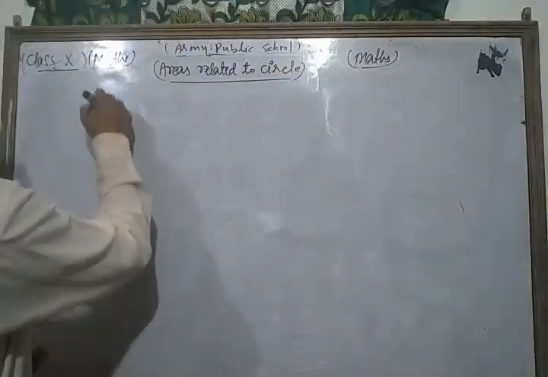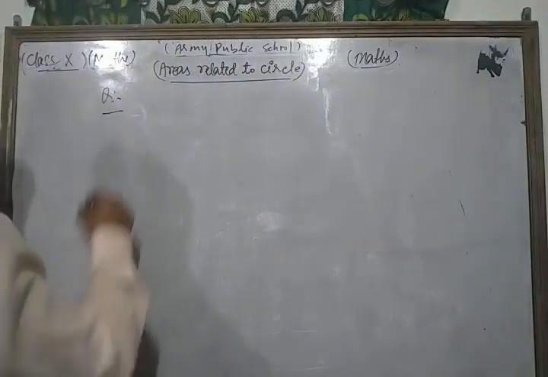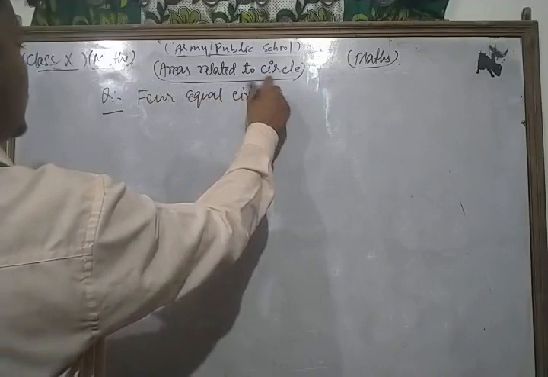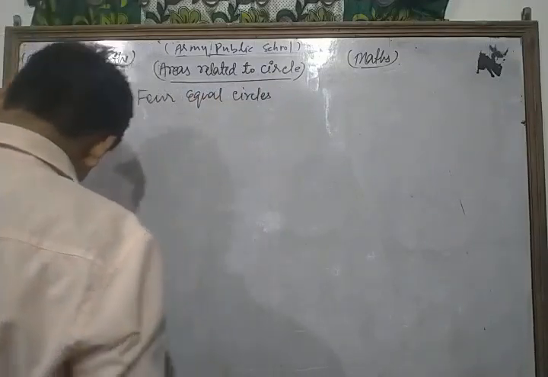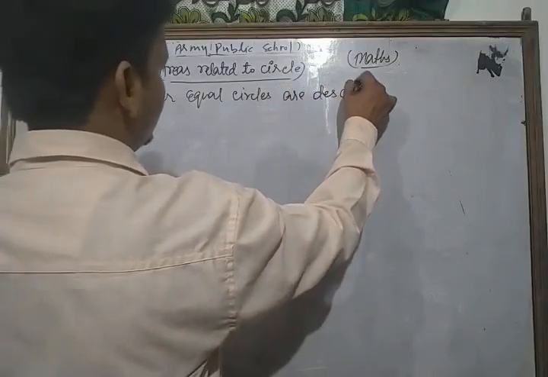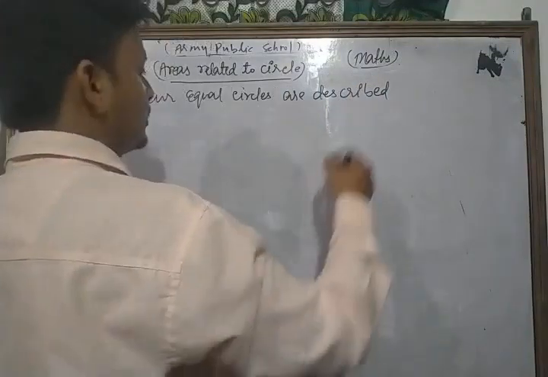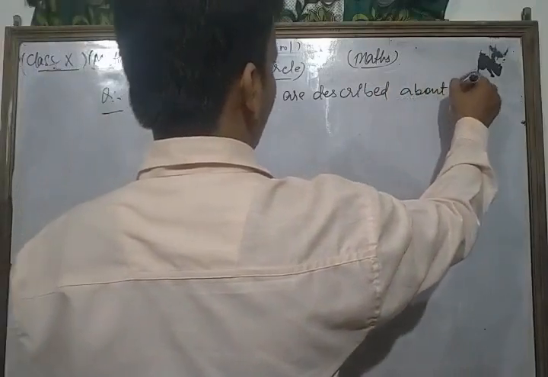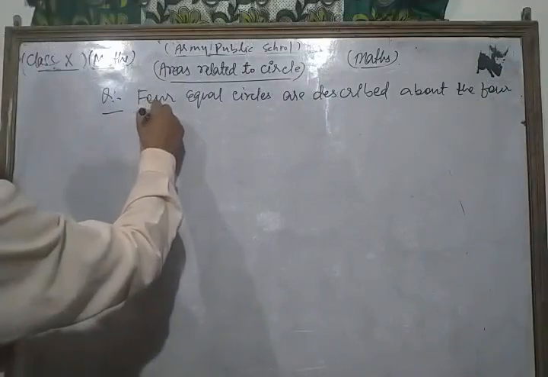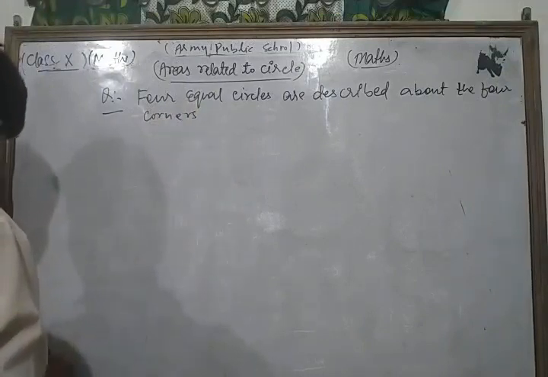We take some important question of your NCERT exercise, and your question is: four equal circles are described about the four corners of a square.